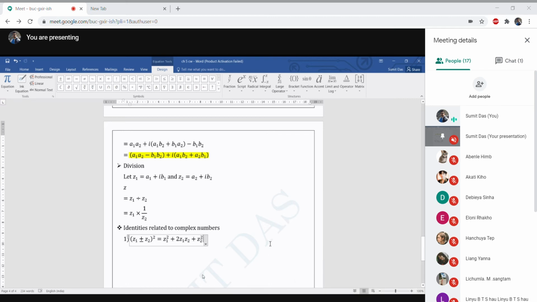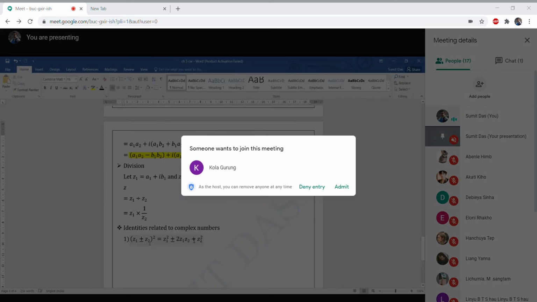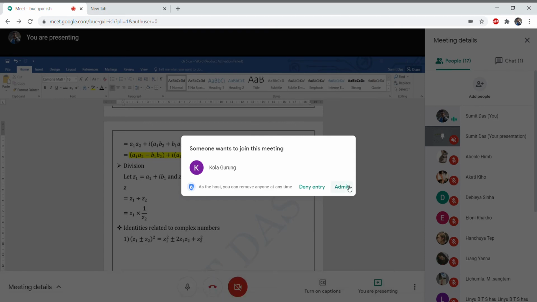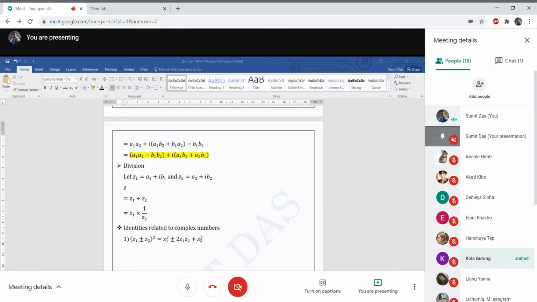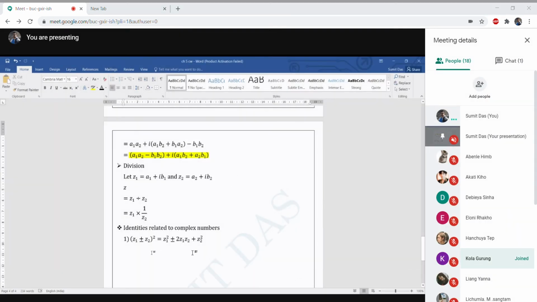Check what I wrote here: z1 plus minus z2 whole square. What does that mean? This is like the a plus b whole square or a minus b whole square formula. z1 square and z2 square remain the same, but the only thing is plus or minus 2 z1 z2.